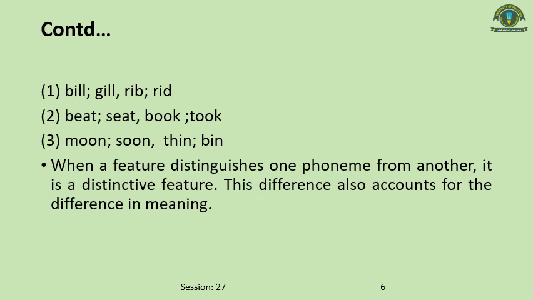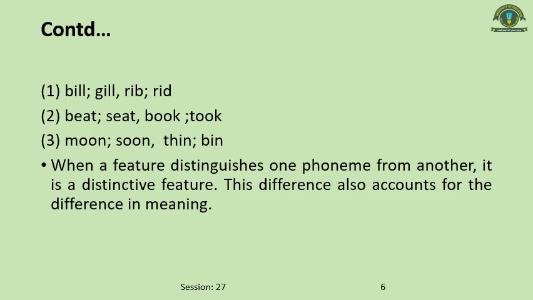Again you can see, for example, in beat and seat, there are three phonemes in beat and three phonemes in seat. So B sound can be replaced with S sound, and S can be replaced with B. That makes a pair of words, or minimal pairs.